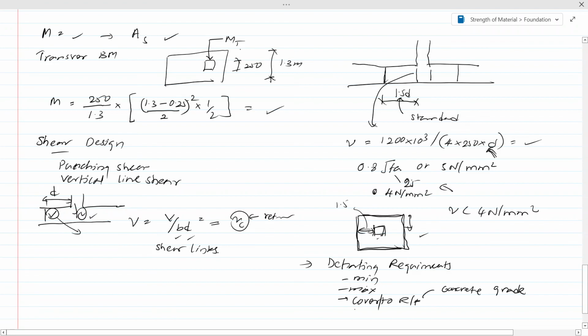Those you have to consider during the design. I think today we discussed a lot on design of combined footings, and I hope that you are now aware of the method of calculating the punching shear, vertical line shear, and the bending moments in a combined footing. We didn't go through the method of calculating the reinforcement area because that depends on your standard.